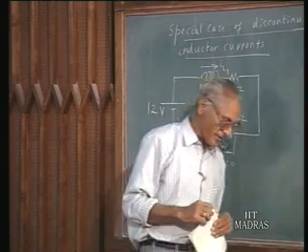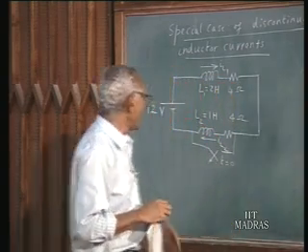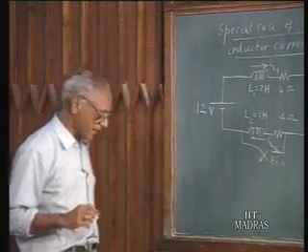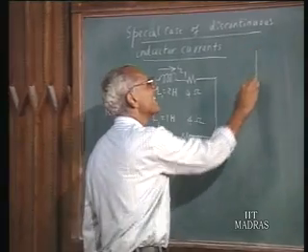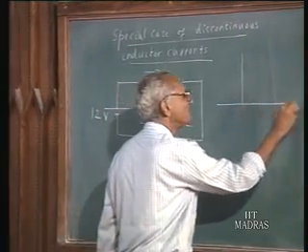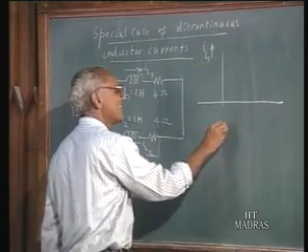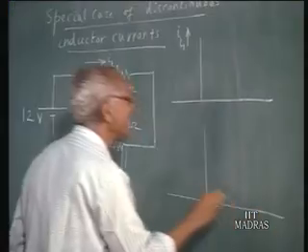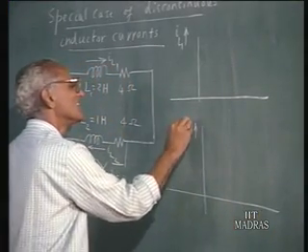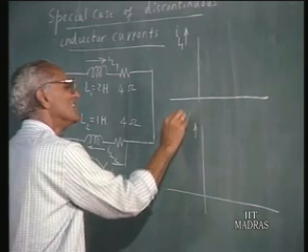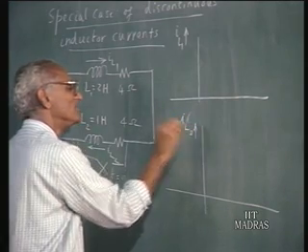Now, the switch is opened at t equals 0 after it has been closed for a long time. So, let us see the nature of IL1 and IL2. This is the current in the first inductor, this is the current in the second inductor, IL2.